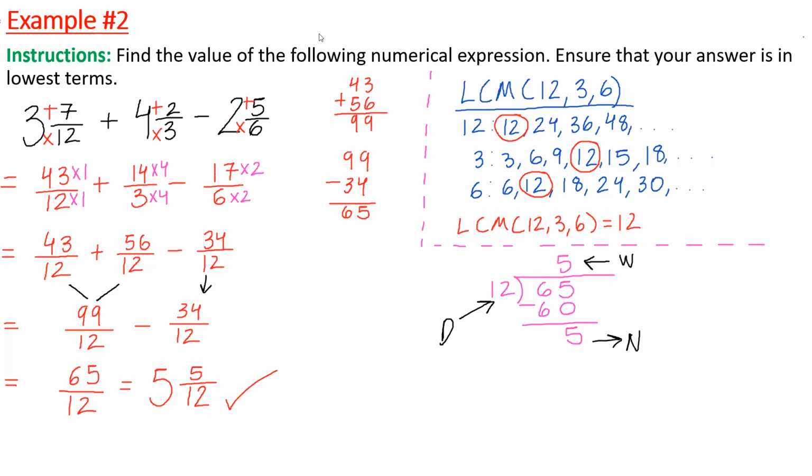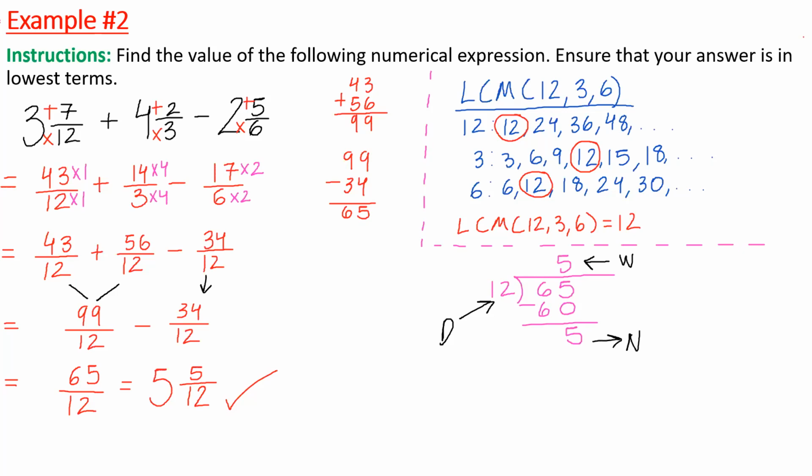Yes, sir. So the first thing we did is that we turned the mixed numbers into improper fractions. Multiply 3 times 12, which is 36, plus 7 is 43 over 12. 4 times 3 is 12, plus 2 is 14.